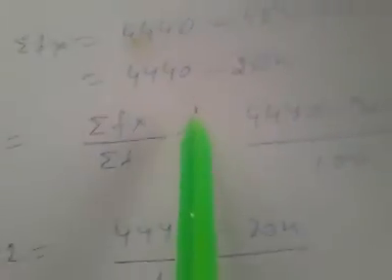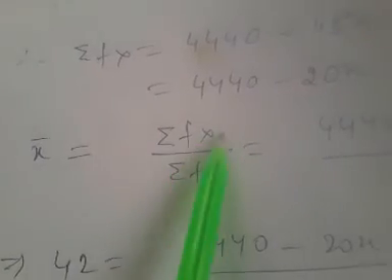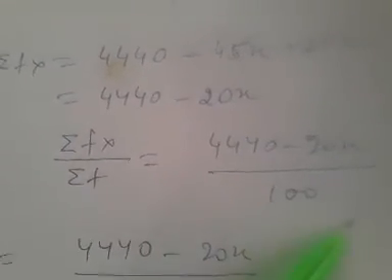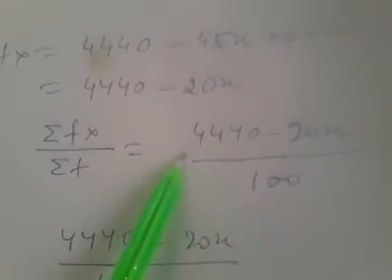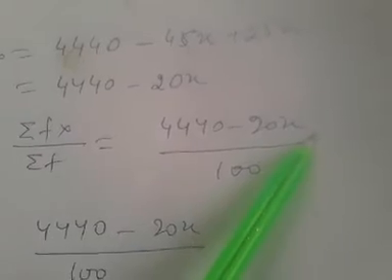Now the formula is known to us. X bar is equal to summation fx by summation f. Summation f is known to us, 100, and summation fx we have just obtained, 4440 minus 20x.